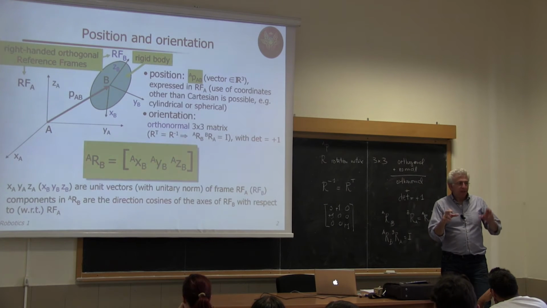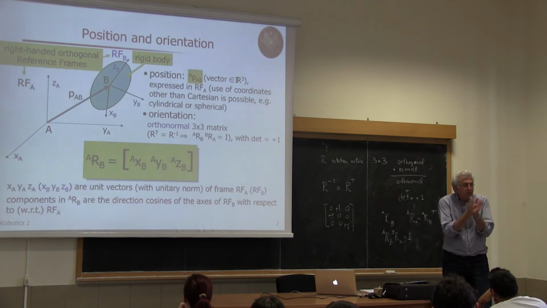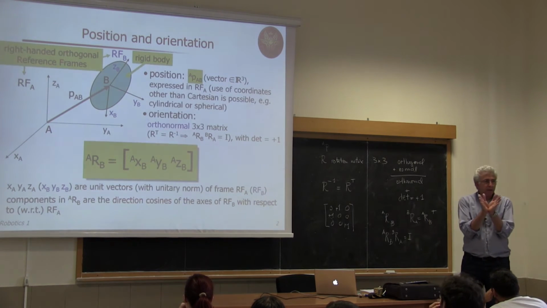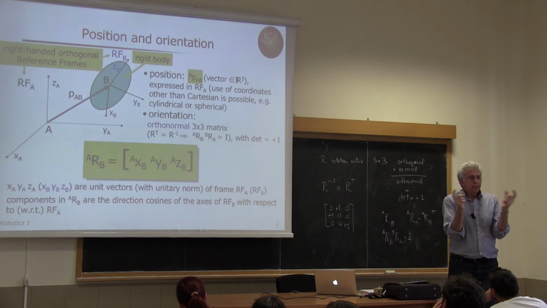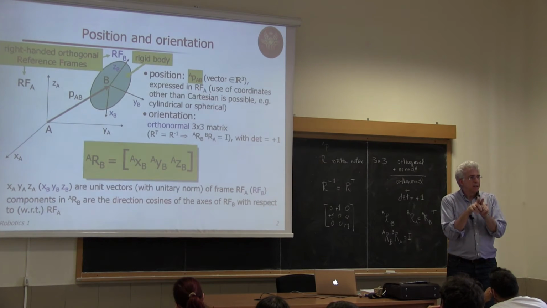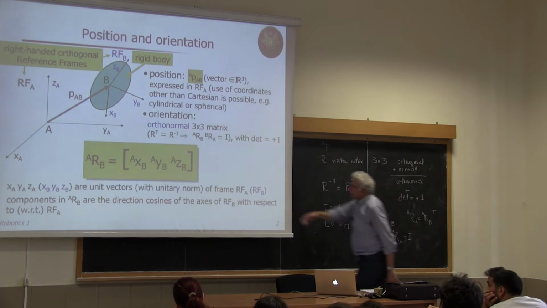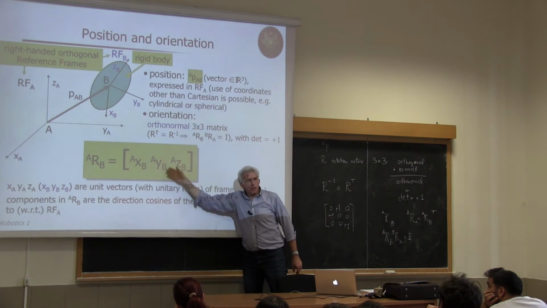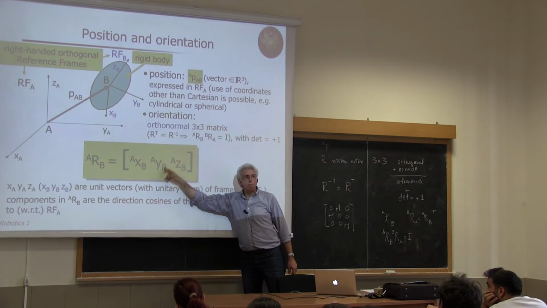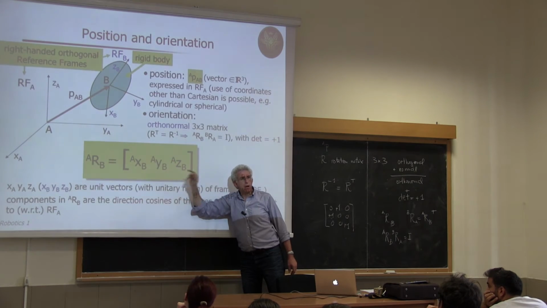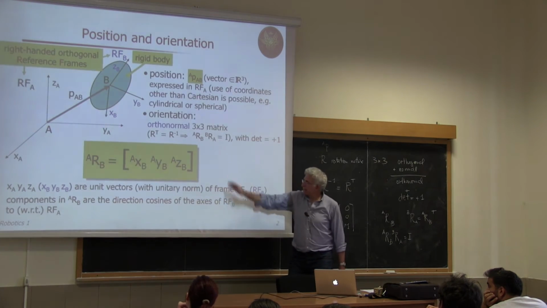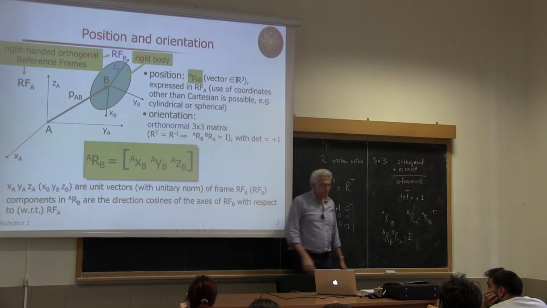It's the norm of one vector times the norm of the other vector times the cosine of the angle between the two vectors. Since these are two unit vectors, the norms are 1, so what remains is just the cosine. So the numbers here are the so-called directional cosines of the axis yb with respect to xa, ya, and za. And same for the other two columns.